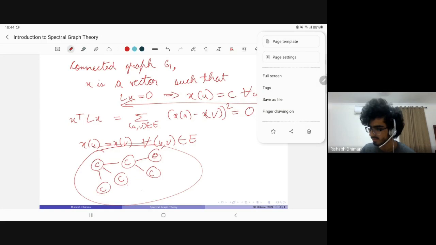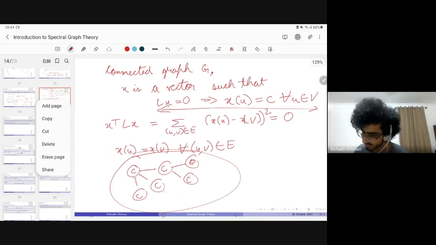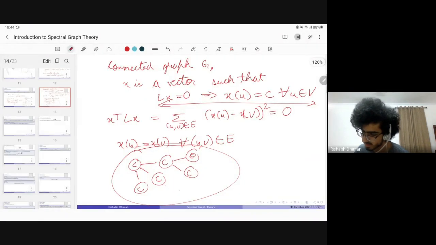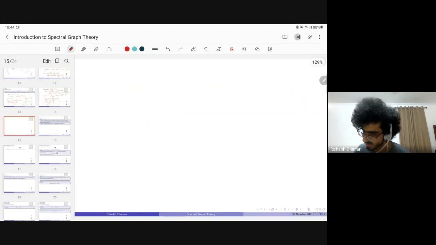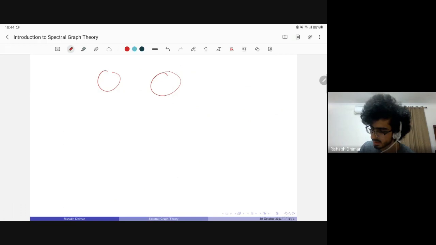Conversely, if the graph has two connected components, what you can do is consider the vector which has all the values to be 1 here, and all the values to be 0 here. And again, Lx will be some 1 1 1 followed by a bunch of zeros.